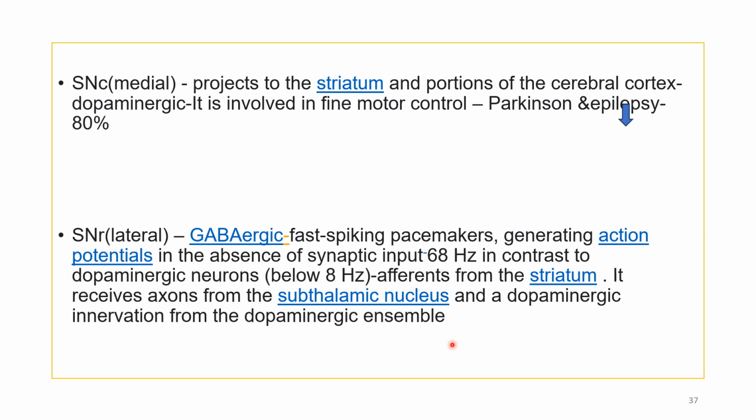You have already seen the subthalamic nucleus in the indirect pathway. So what is happening here is that the substantia nigra pars reticularis and globus pallidus have fast spiking pacemakers, so they can generate this many impulses.